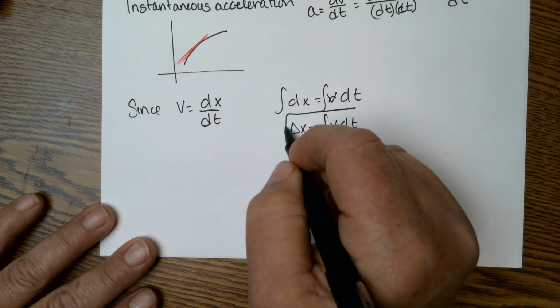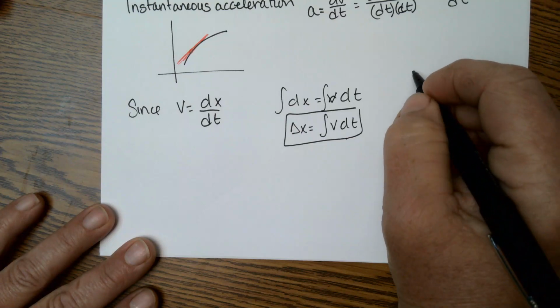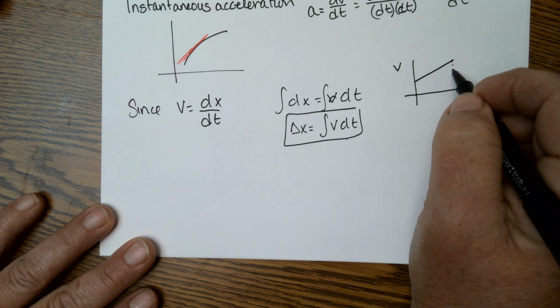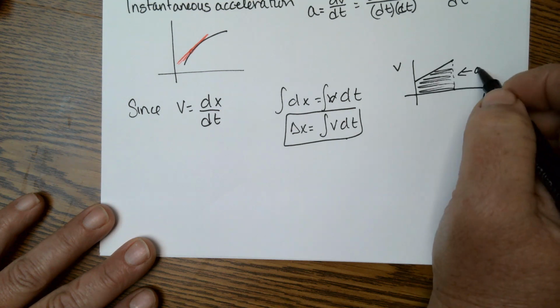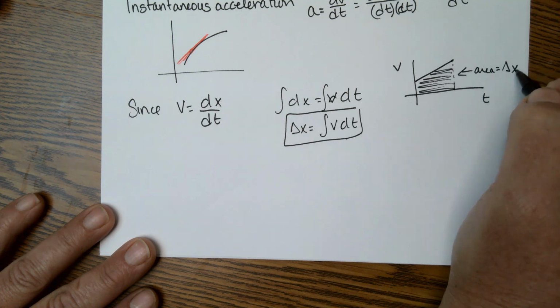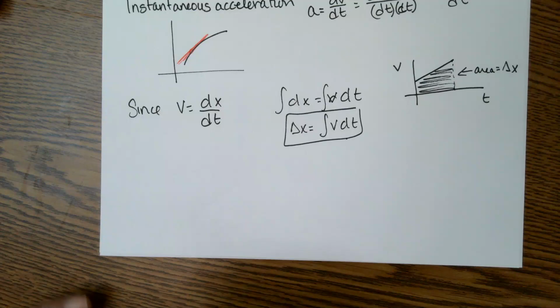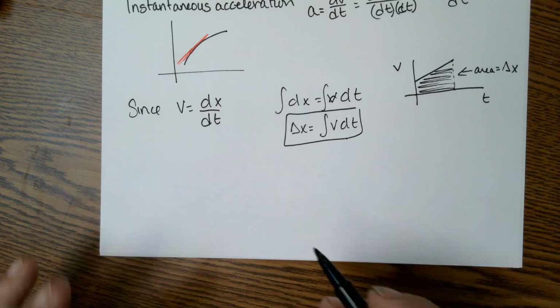So this tells me, integrals, remember, are areas. So if I have a VT graph and it looks like, let's make it a straight line like this, then the area under that is delta x. Okay? If I'm given a function for velocity like 3t squared plus 2t or whatever, then I'm going to integrate and go backwards from that.